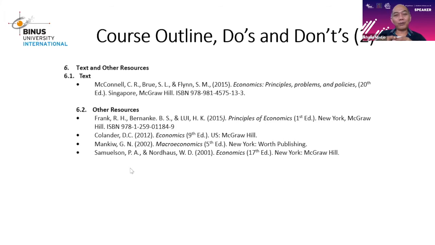Karena McConnell was for this coming semester. For example, we're going to have the business in economics course for all these marketing students as well as the IB students. And they're going to use this textbook as well. Jadi sementara we have limited copies in the library. So yeah, first come, first served.